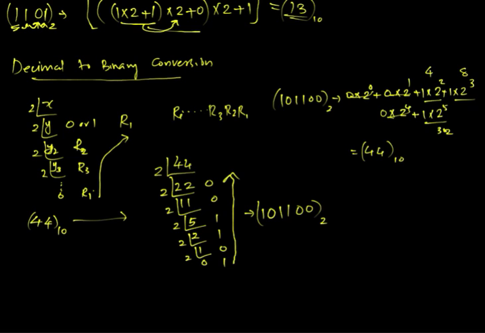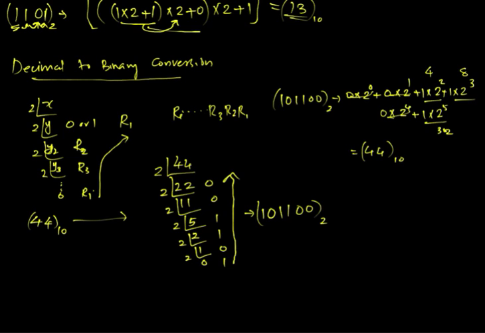Divide the number by 2 and note down the remainder. Then repeat the division by 2, noting all the remainders in each step, and this division is continued until the quotient becomes 0.